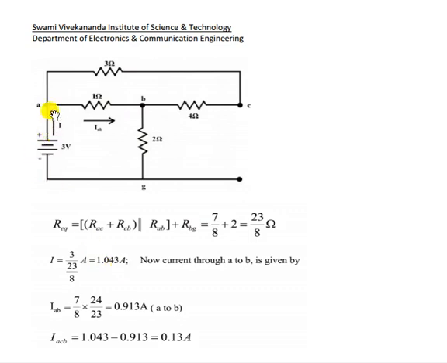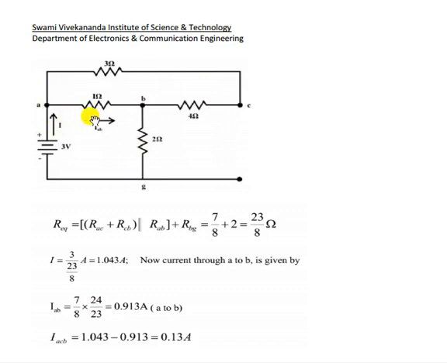Now this is the current I that is flowing, coming out from the voltage source. Now what is this IAB? For IAB we have to apply current division. That means total current, that is 24 by 23, into the other branch resistance divided by total branch resistance.